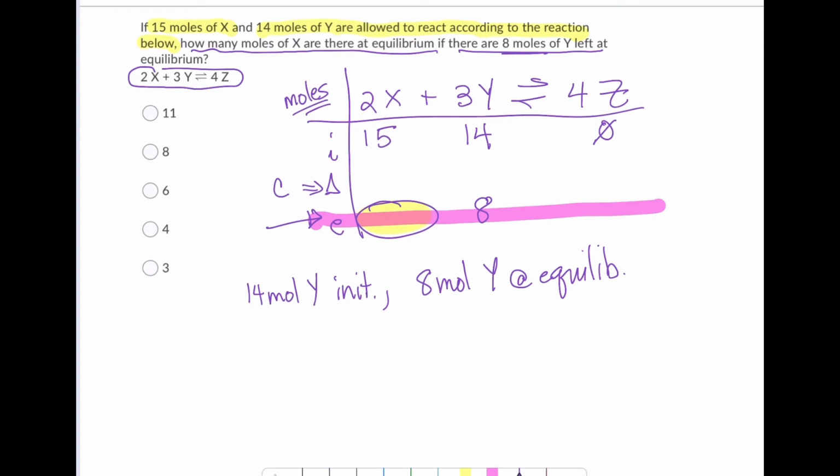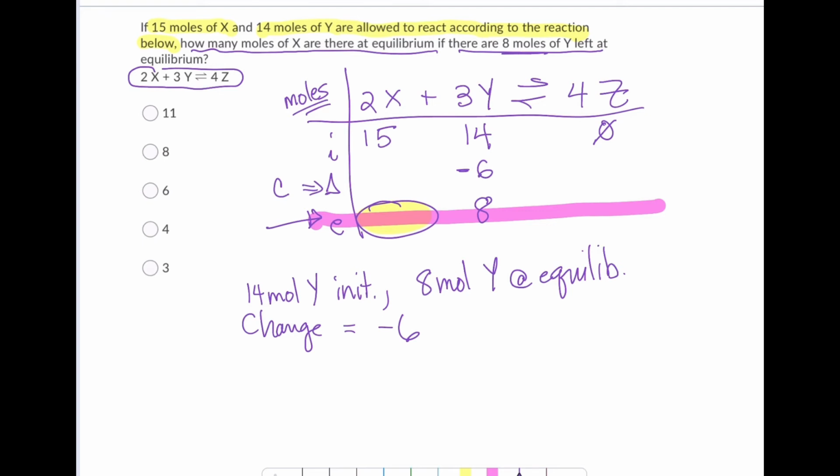And 14 minus 8, you can do that in your head or plug it into a calculator. That means that 6 moles of Y actually reacted. So the change is a -6 because the 6 moles are going away. They're disappearing. So that's why I put a -6 in the change. 14 minus 6 equals 8.